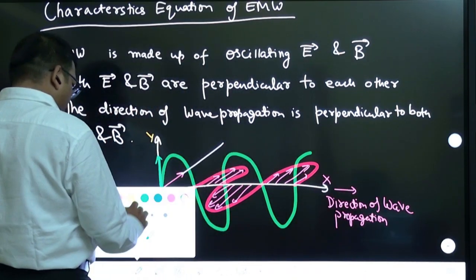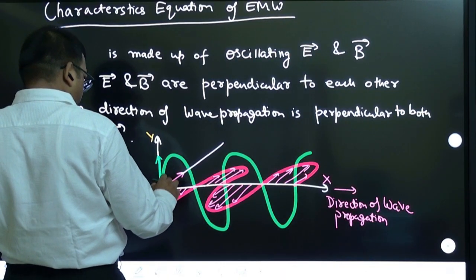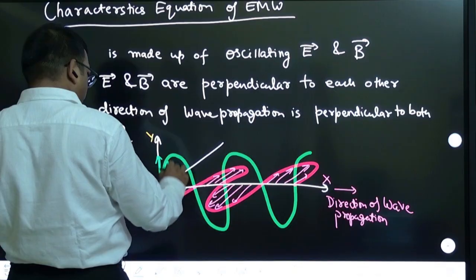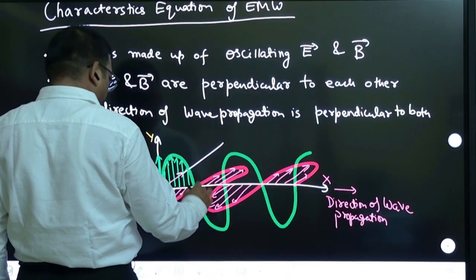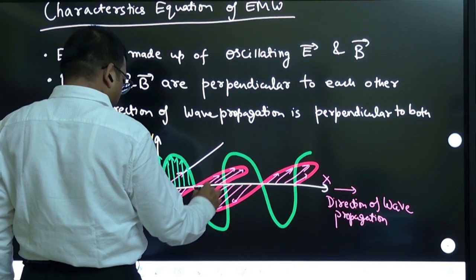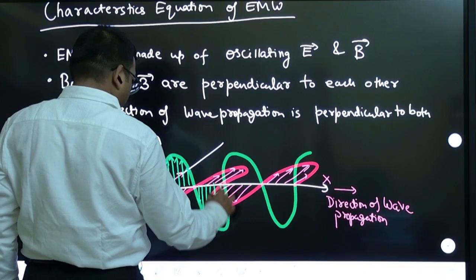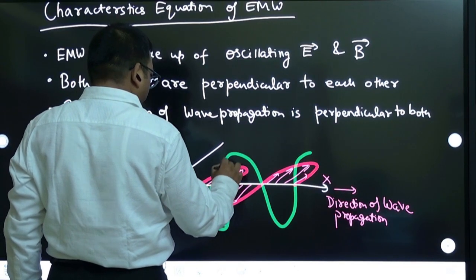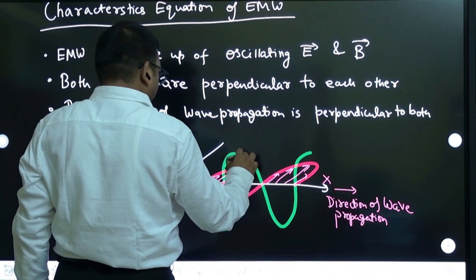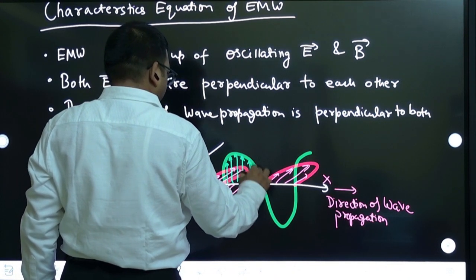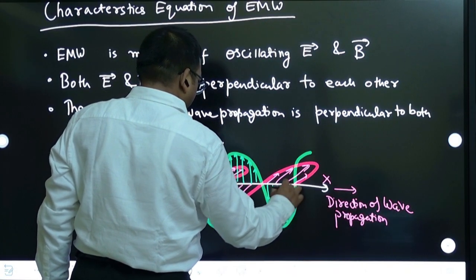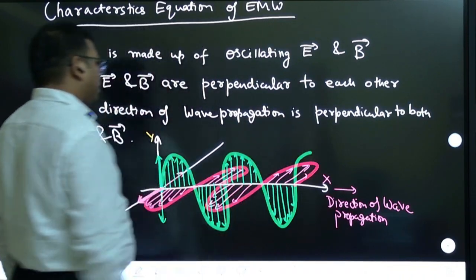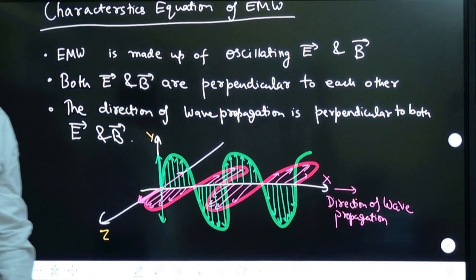Similarly, the electric field goes up to maximum, then down, and again up and down.